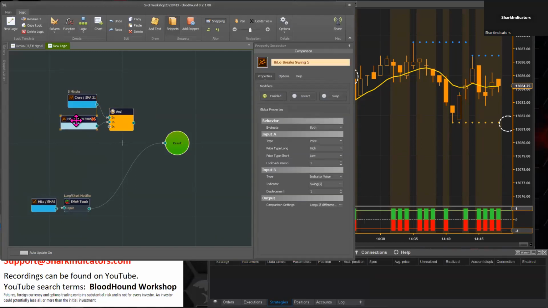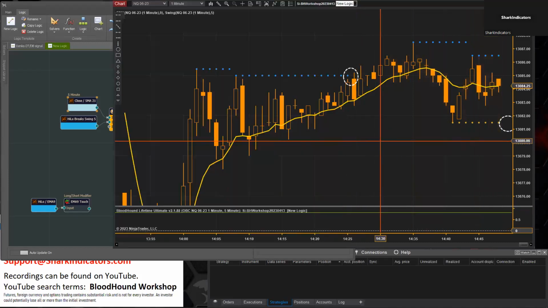So when we get a swing break, it also needs to match up with our trend filter, right? So if you remember, our trend filter is on the 5-minute chart, and we're just comparing the close of the bar to the SMA. Right. So let's look at that.